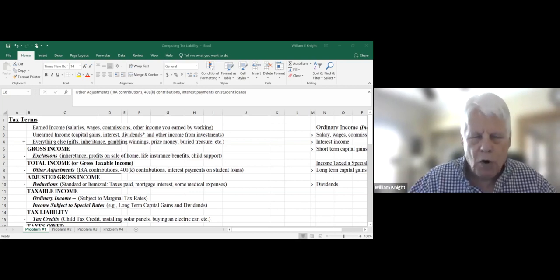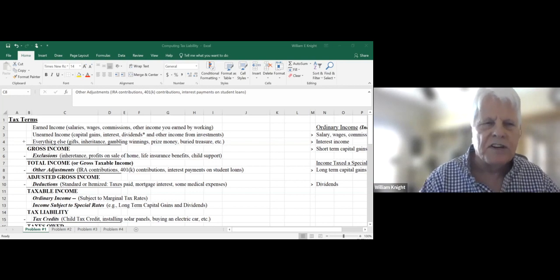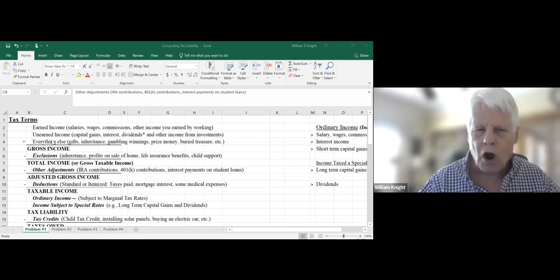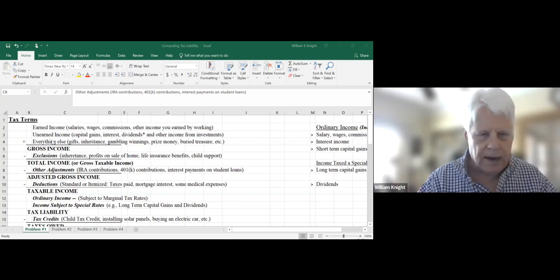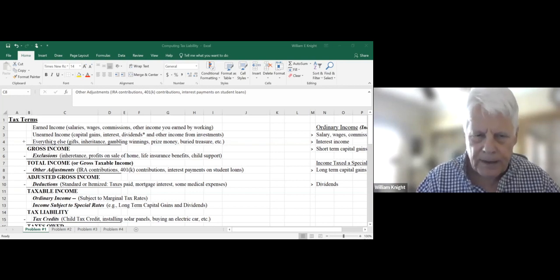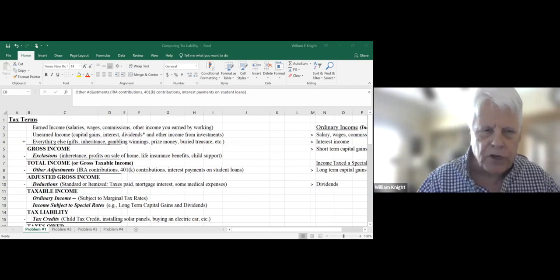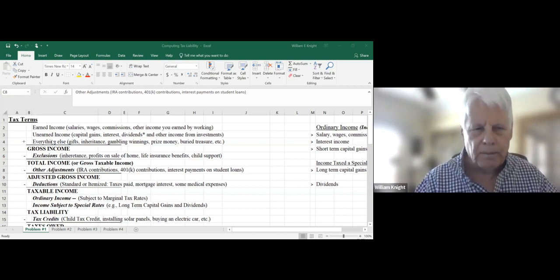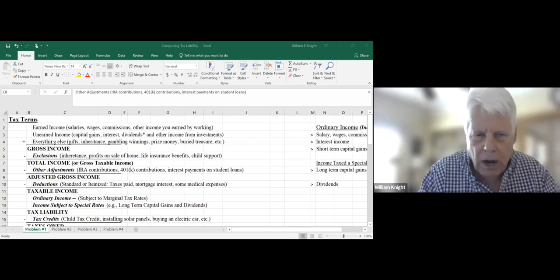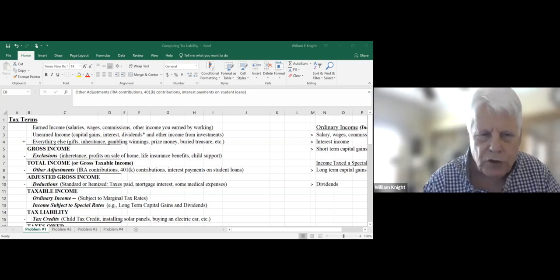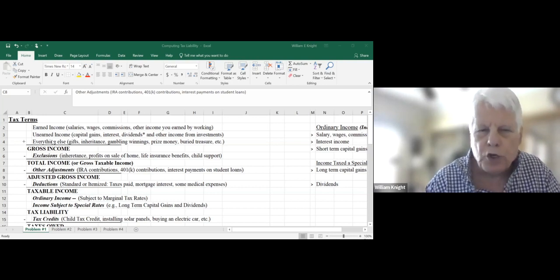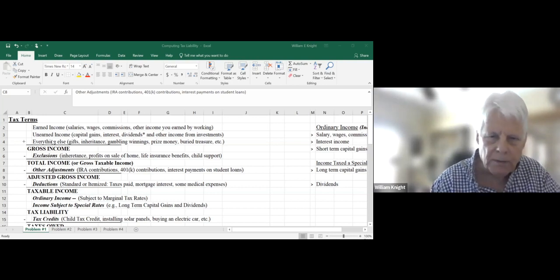Now, from the adjusted gross income, we can subtract deductions. Deductions are expenses that the government deems necessary, and therefore you don't have to pay taxes on them. So you can deduct these expenses from your adjusted gross income to get taxable income. Now, the main deductions would be taxes that you paid during the year to state and local governments, like property taxes, interest that you paid on your mortgage, that is tax deductible.